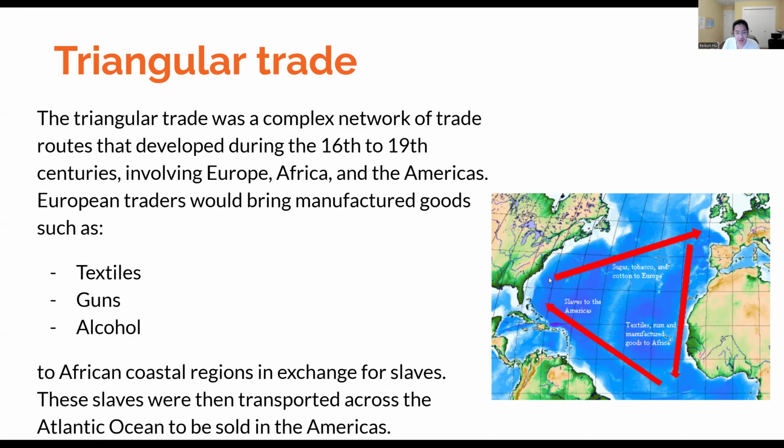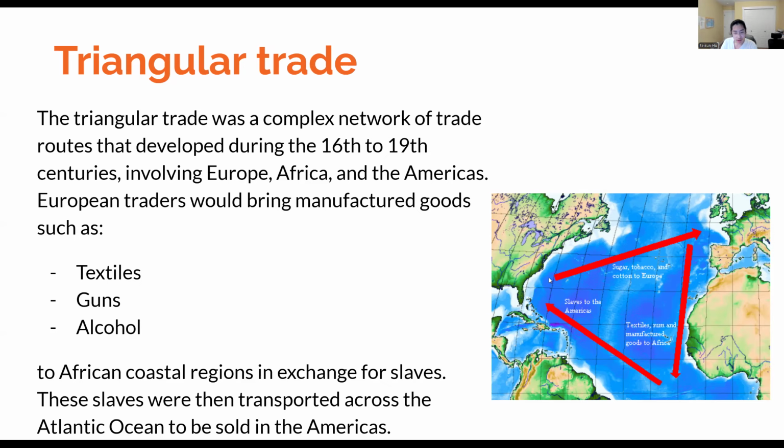So, like we just talked about, the infamous Middle Passage was characterized by horrific conditions aboard the overcrowded slave ships, and it would result in high mortality rates among Africans. Once they arrived in the Americas, they would be sold at auctions and forced into labor on plantations, and this was basically how it went until much later, in the 1850s, 1860s, when America eventually abolished slavery.